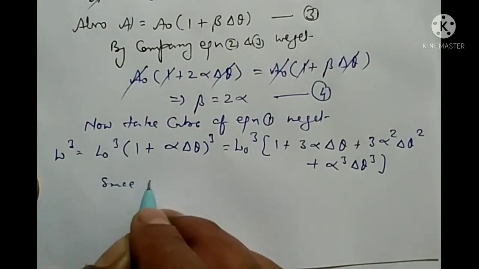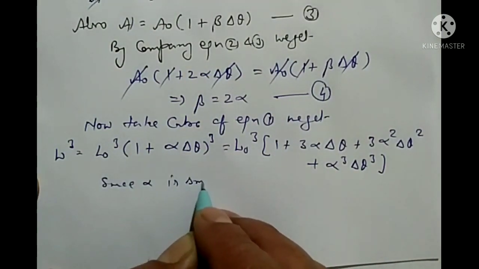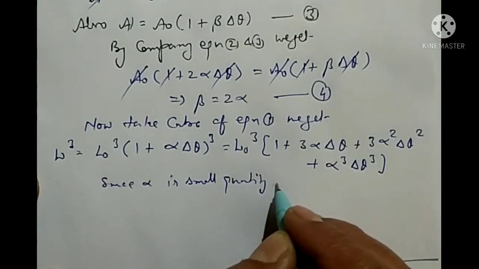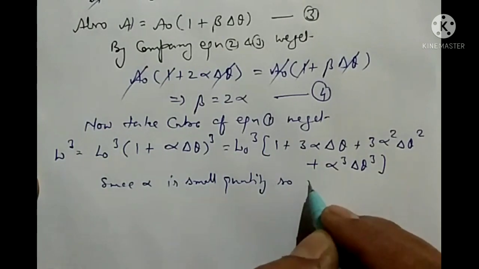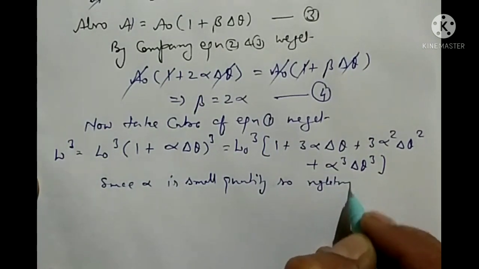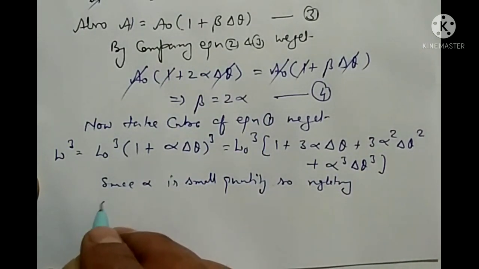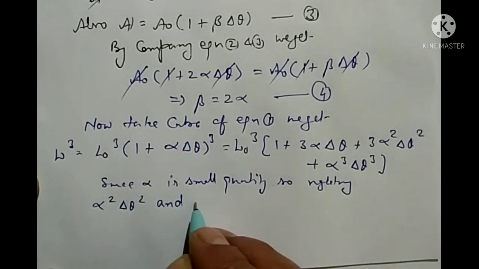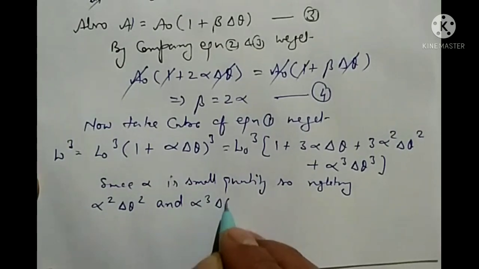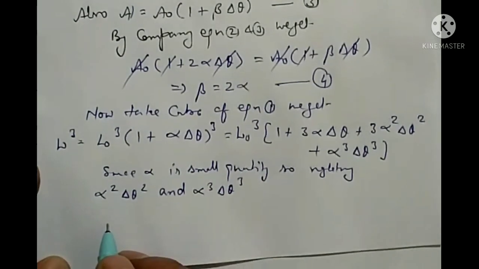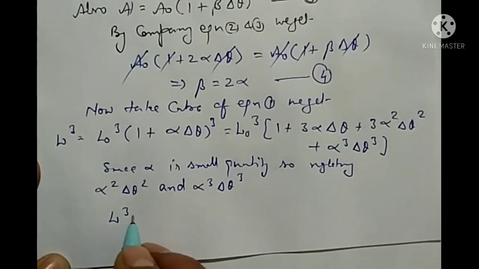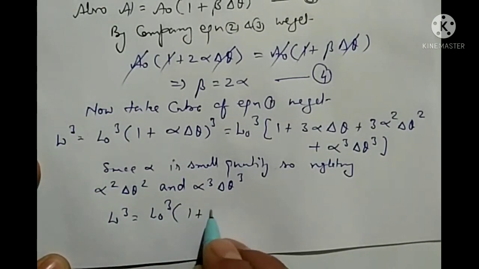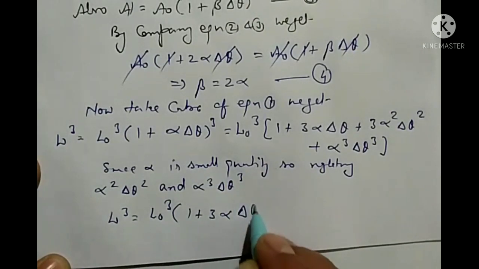Since alpha is a small quantity, neglecting alpha square del theta square and alpha cube del theta cube, we get L cube is equal to L naught cube (1 plus 3 alpha del theta).